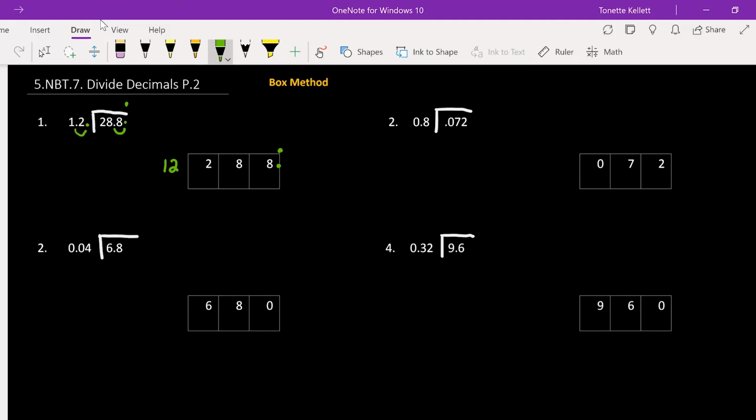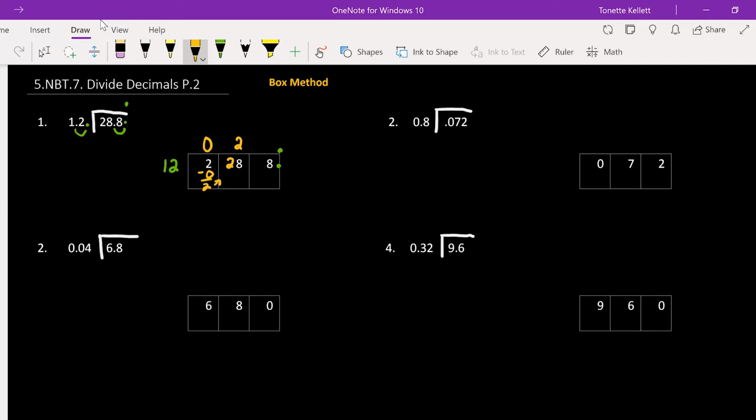Now we're ready to find the answer to this problem. So the first thing we ask ourselves, can 12 go into 2 evenly? And the answer is no. So put a 0 above that first box. Minus 0 is 2. Draw an arrow and put a 2 in front of that 8. 12 goes into 28 2 times.